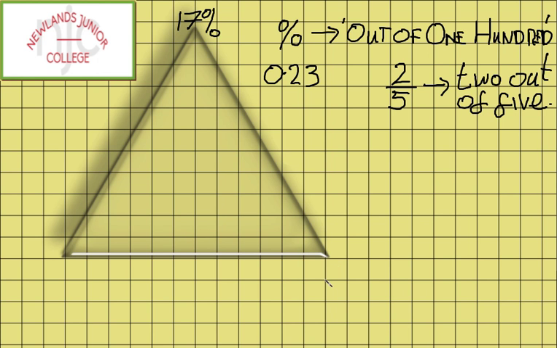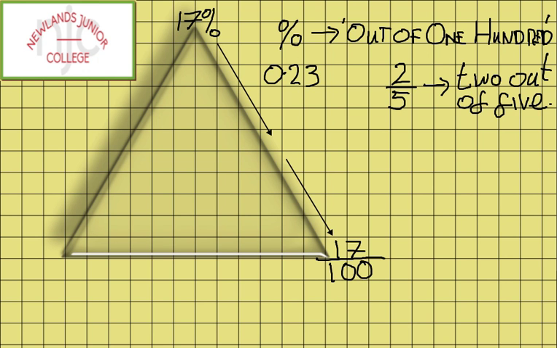Now remember, what did we say earlier about what percent means? It means out of 100. So if you have 17%, that means that you have 17 out of 100.